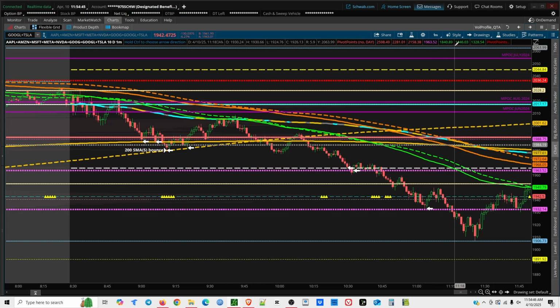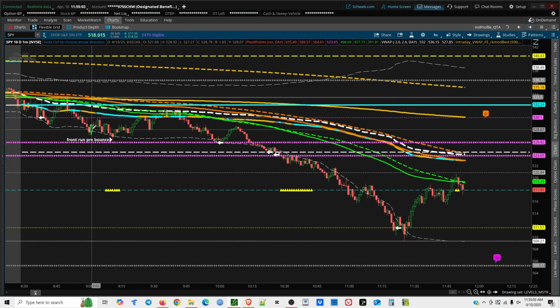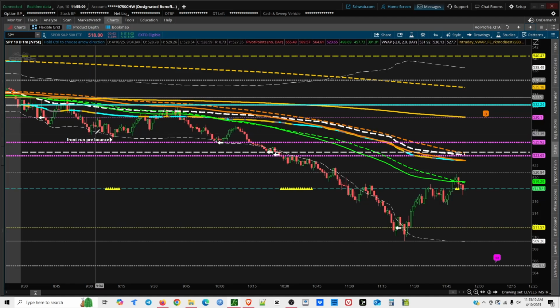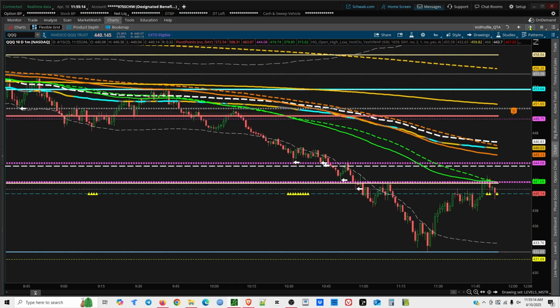So even though we had no confirmation actually on ES, so far we've got confirmations on SPX, NDX, and the composite. Let's take a look at SPY. SPY was sort of in the middle of nowhere. There was no significant bounce spot there for SPY on that trade.